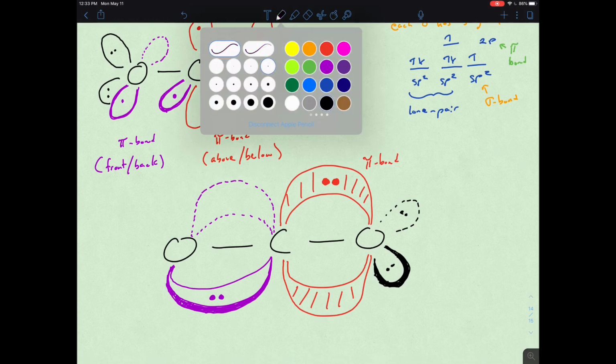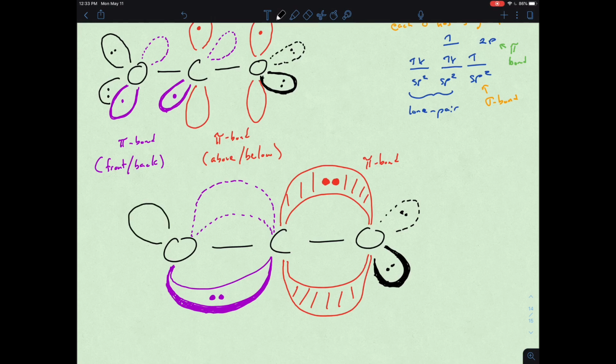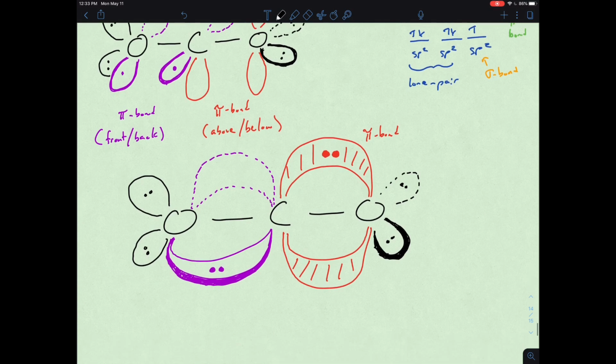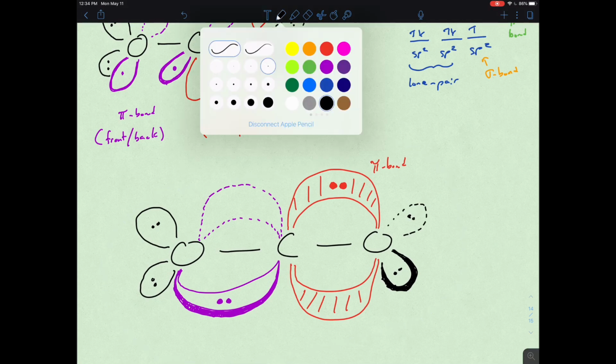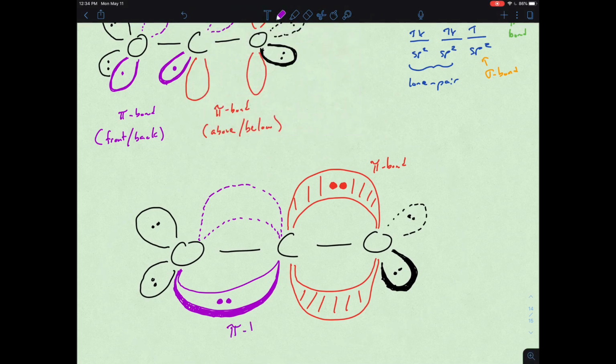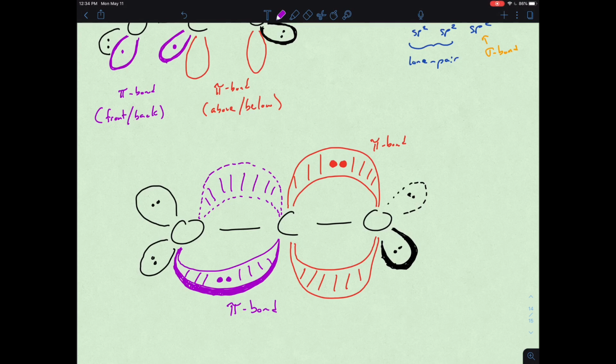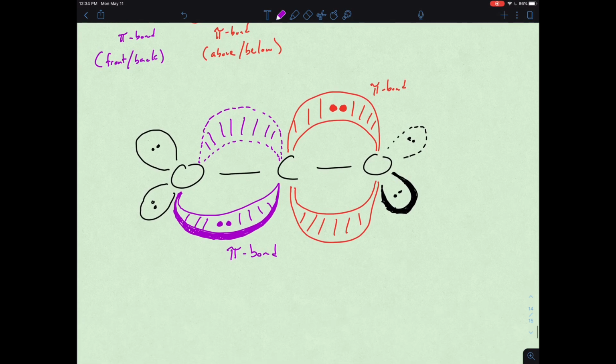And then it also has its lone pairs as well. And so that is the other pi bond. And again, it's a probability thing as far as where to find those bonding electrons. For the red pi bond, we could find those 2 electrons above and below. For the purple one, we could find those 2 either in front or in back.